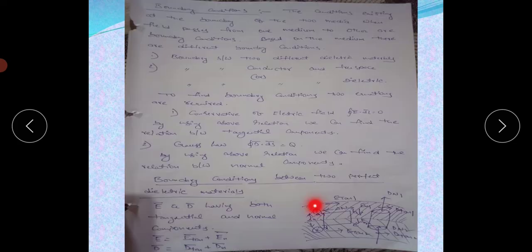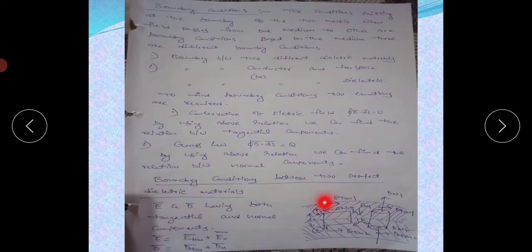To apply the conservative property of the electric field, we have to select one closed path. Here we are selecting the rectangular closed path ABCDA. So now apply it along the ABCDA rectangular path. The conservative electric field equation is: closed line integral of E bar dot dl bar equals 0. This rectangular path has four sides: AB, BC, CD and DA.